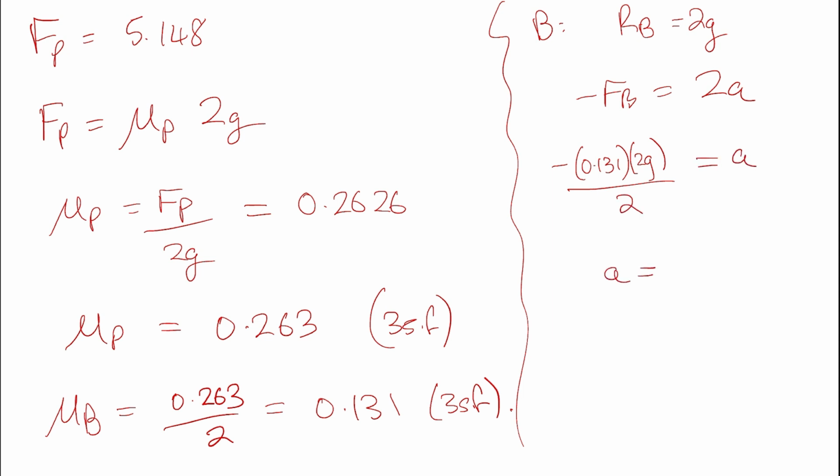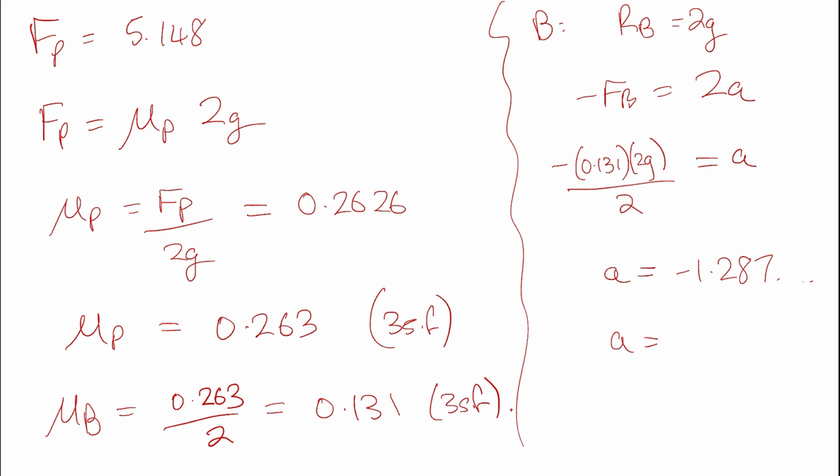So let's see what this gives us. So multiplied by 9.8, and then times -1, and then divided by 2. So it's minus, let's see, we've got minus 1.287.